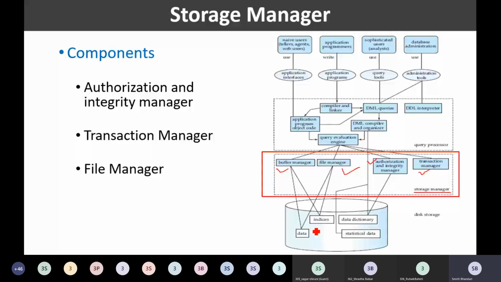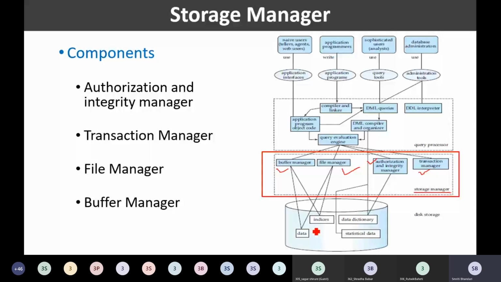So what is the responsibility of the authorization and integrity manager? As we have seen earlier, different kinds of users have different rights for accessing the database.